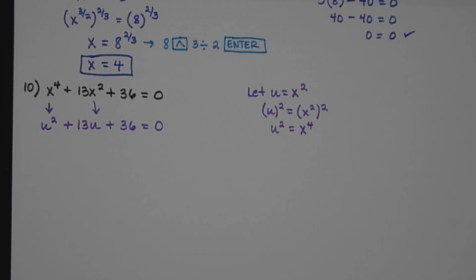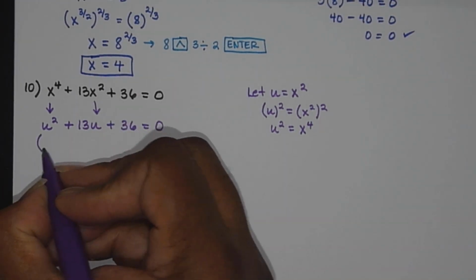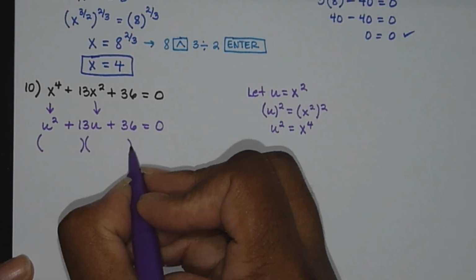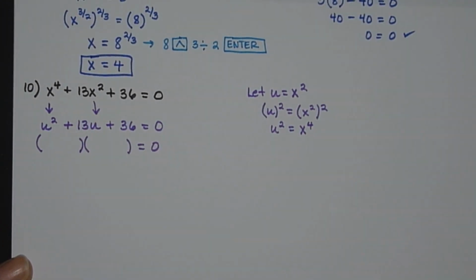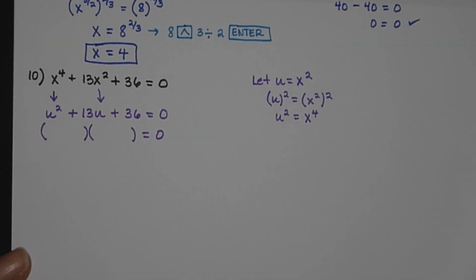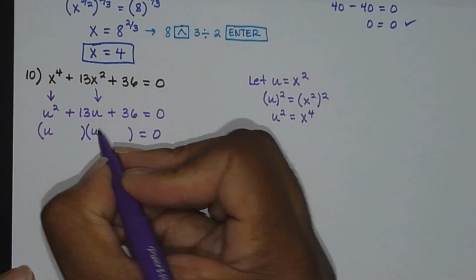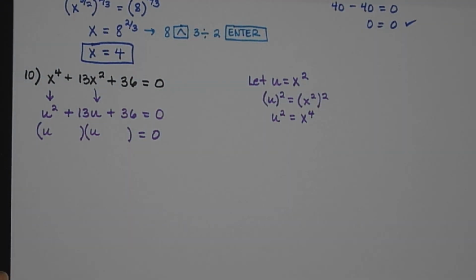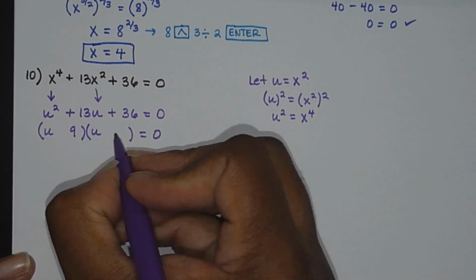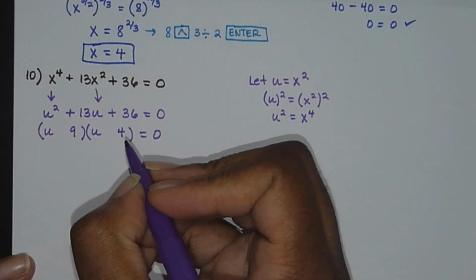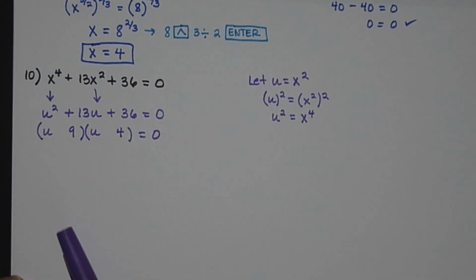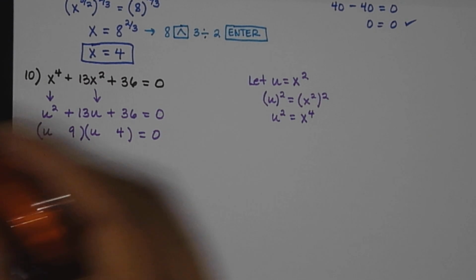Next step would be to factor this into two binomials here, if we can. So the u squared would be u and u. Factors of 36 that would give me 13u as the middle term would be 9 and 4. And I think I messed that problem up. That should be a minus sign. Yeah.